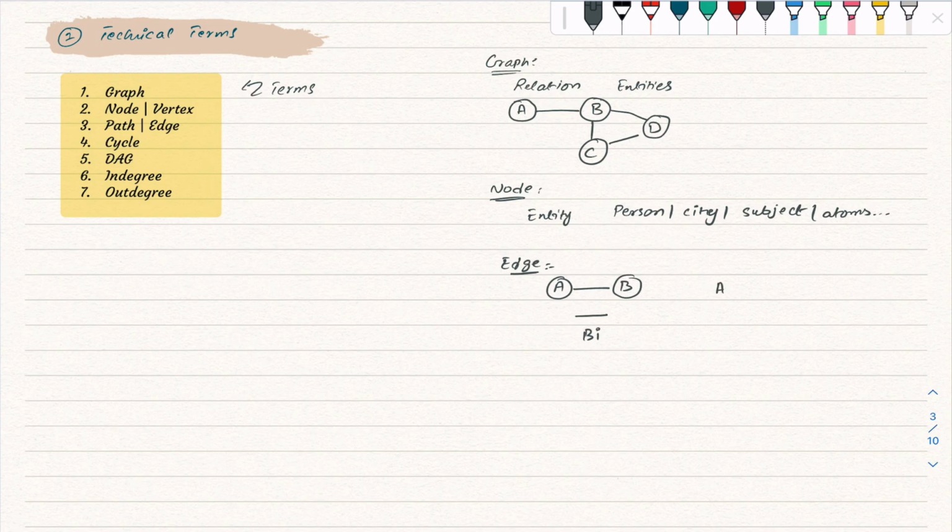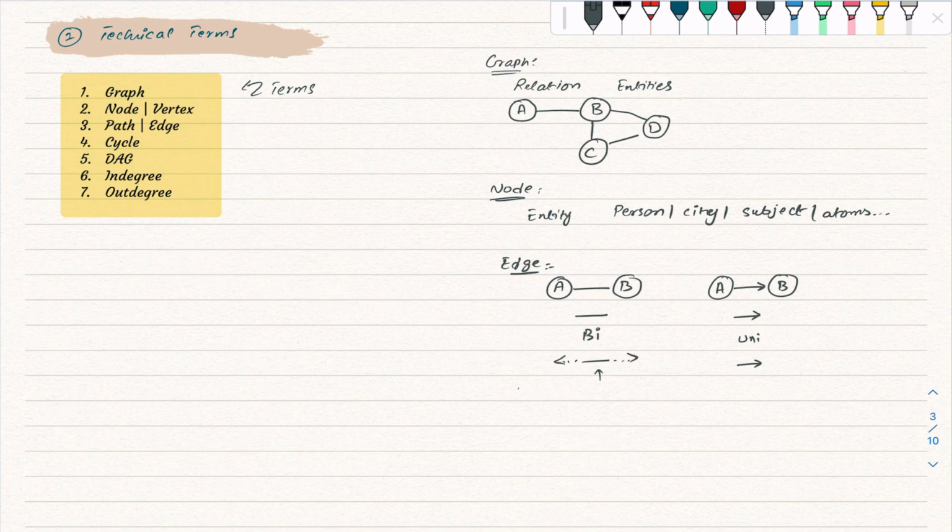If we say A is a friend of B, but B is not a friend of A, in that case, it is a unidirectional edge. So we get two things: there is a bidirectional edge and there is a directional edge. Or maybe we can say directionless. It can go here or it can go there, in both directions.